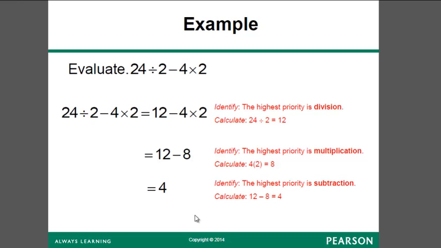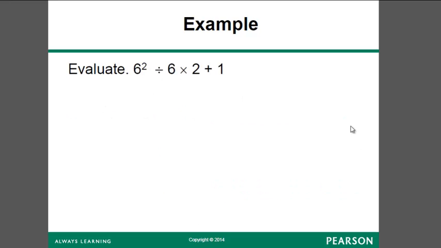This one may have seemed very simple, but it is extremely important to remember that multiplication and division must be done in order from left to right, as we will see in this next example. Here, first off, again, remember, parentheses. Do I have any parentheses? No, I do not. Exponents.